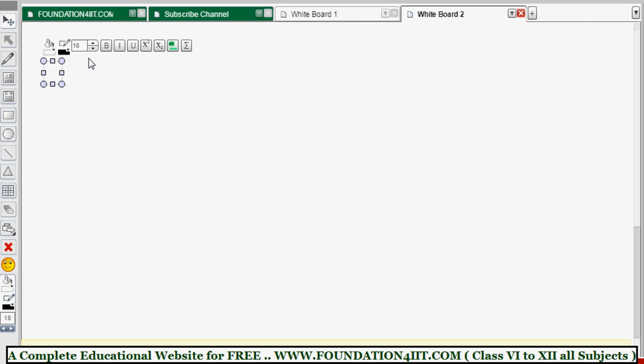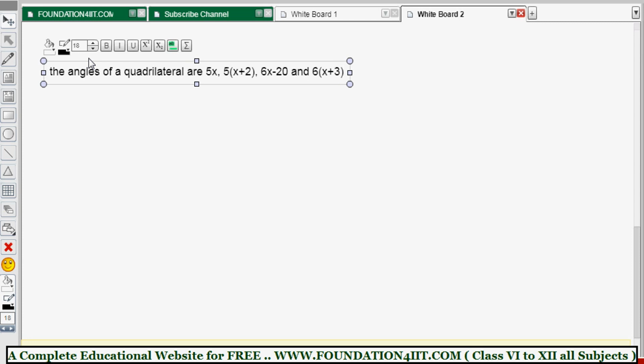The angles of a quadrilateral are 5x, 5 of x plus 2, 6x minus 20 and 6 of x plus 3. So if the four angles are like this, then we need to find out the angles.